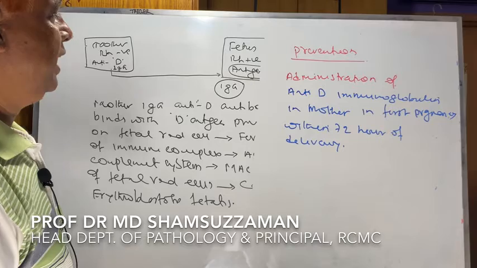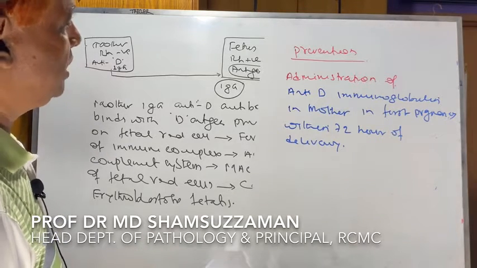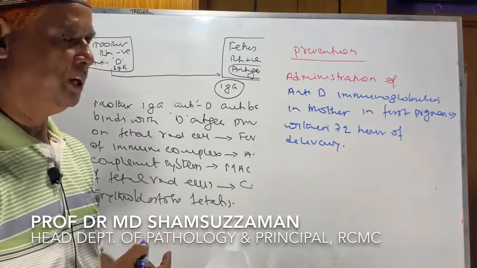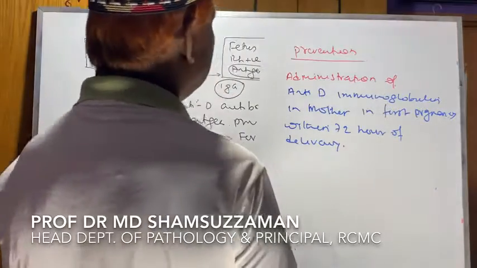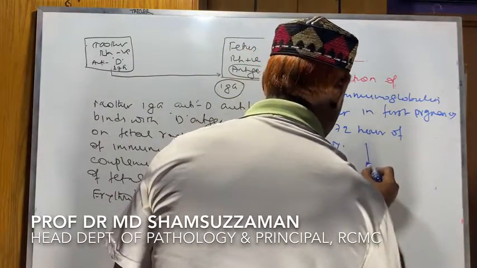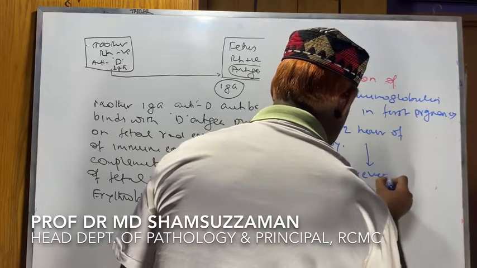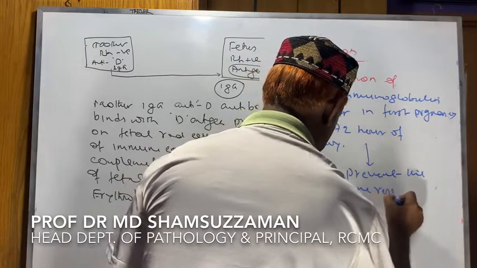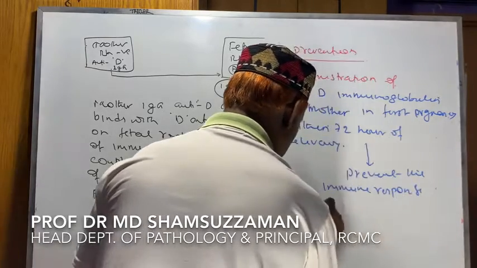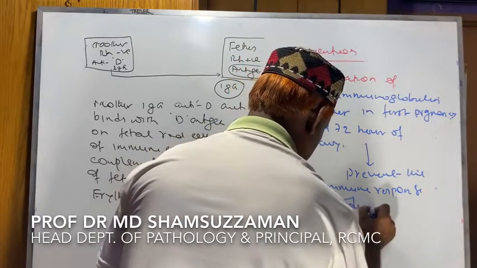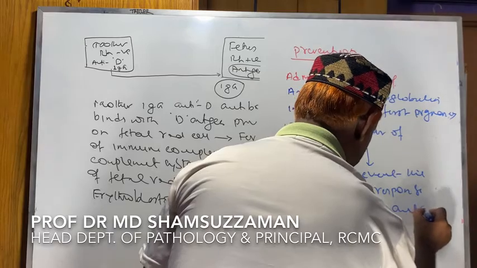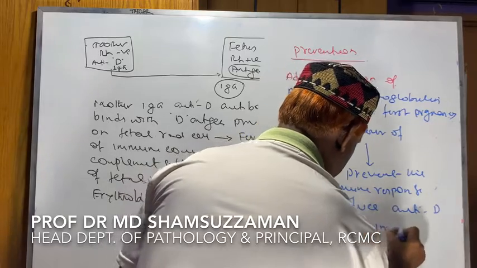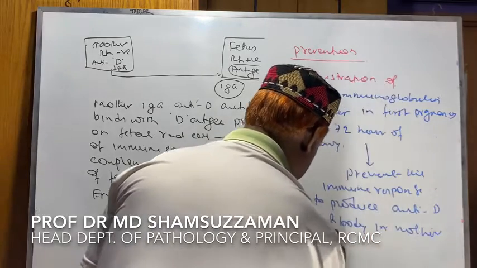If we can administer anti-D immunoglobulin in the mother in the first pregnancy within 72 hours of delivery, this anti-D immunoglobulin will prevent the immune response to produce anti-D antibody in the mother's blood.